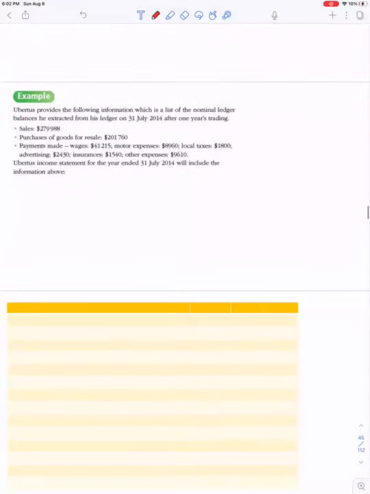Please try this example of Ubertis. Because I have no sales return, I would treat this directly as revenue. I don't have purchase return, so this will only be my cost of sales.